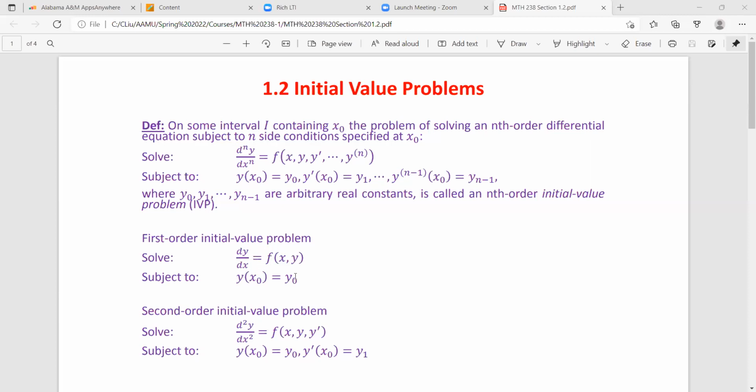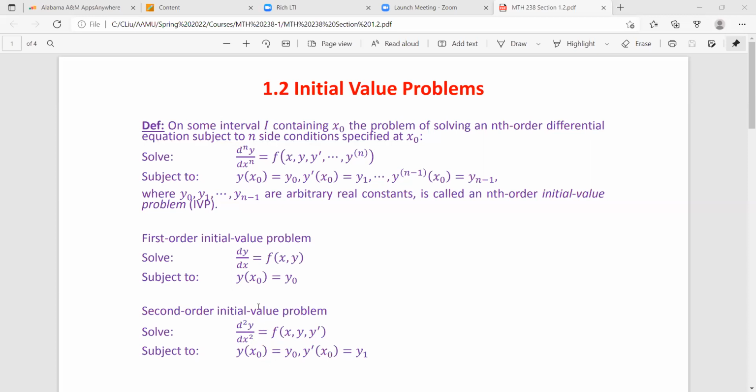And we only have the initial value of the function at x0, which is y0. So you only need one initial condition for the first order initial value problem. Similarly, we can have a second order initial value problem. But this time you need two initial conditions.